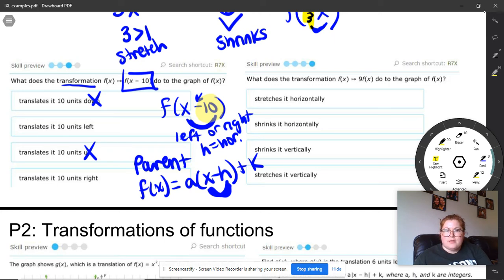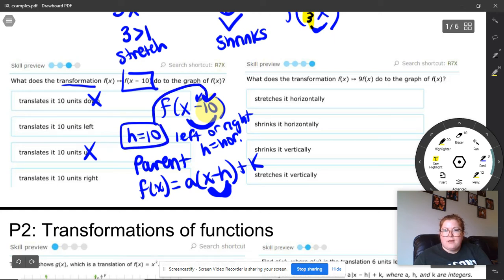So that means that h equals 10. They plugged in the number 10 into my formula, and if I plug 10 in here for h, then I have x minus 10. So that tells me h is positive, so I'm going to be going right.